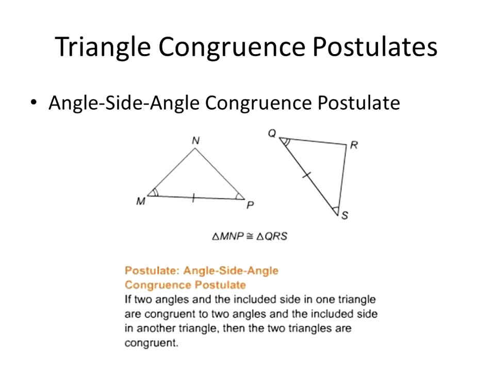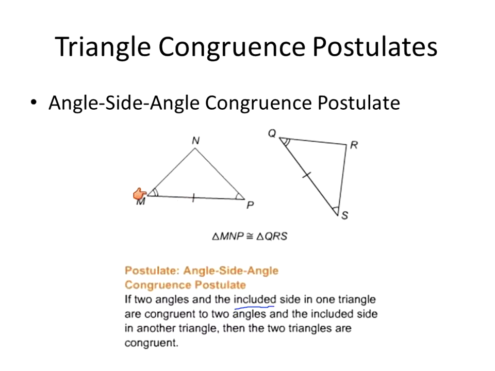All right, the last one that we have right now is the angle, side, angle congruence postulate. So this says down here, if two angles and the included side in one triangle are congruent to two angles and the included side in another triangle, then the two triangles are congruent. So again, they say the included side.